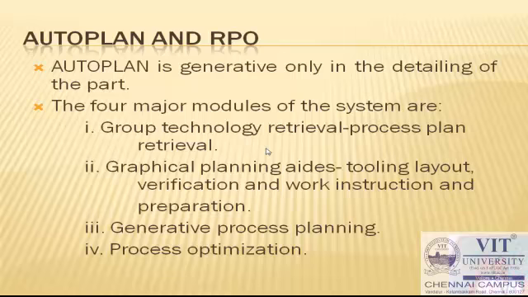While completing that entire model, you can create a process plan automatically by using this software. According to the instructions given to model that component, the process plans will be generated, and the generative process planning generates the process plan according to the component.